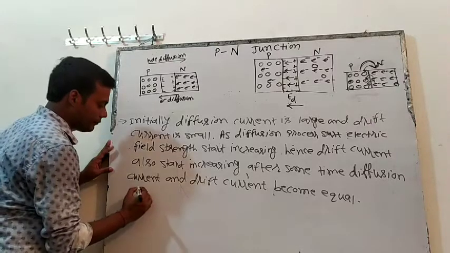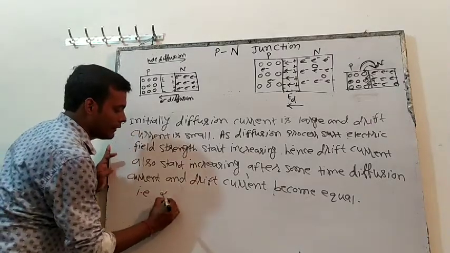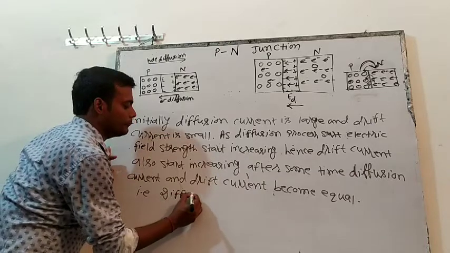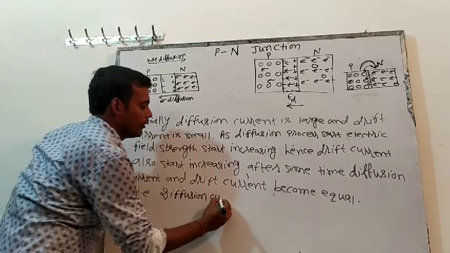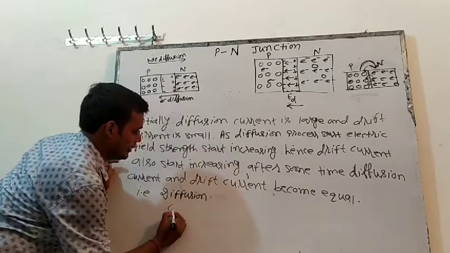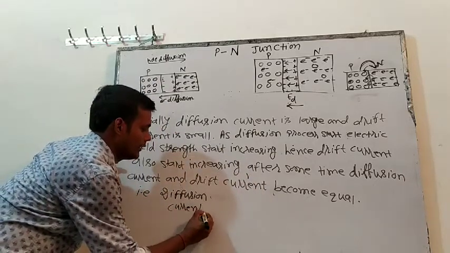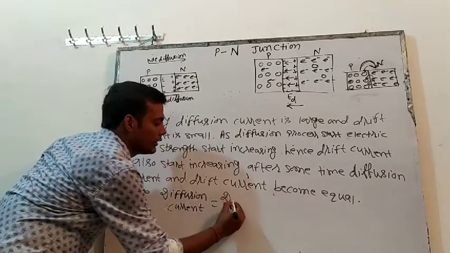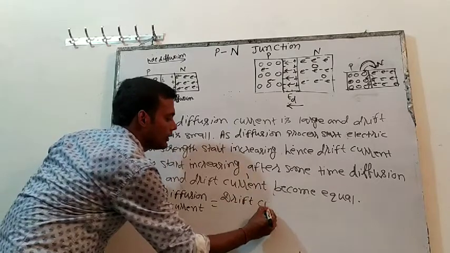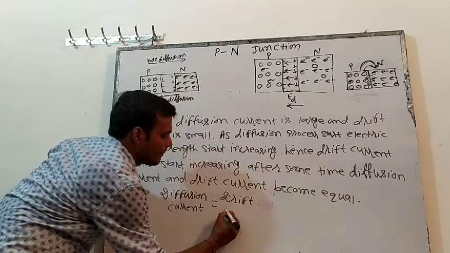That is, diffusion current is equal to drift current.